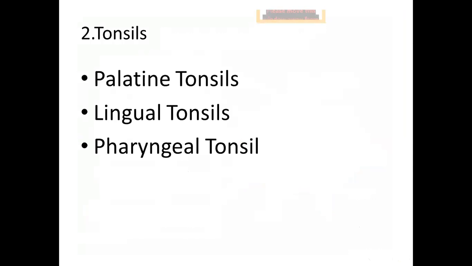After that, we come to the second organ of the lymphoid system, which is the tonsils. We have three types of tonsils distributed in our body: the palatine, pharyngeal, and lingual tonsils.